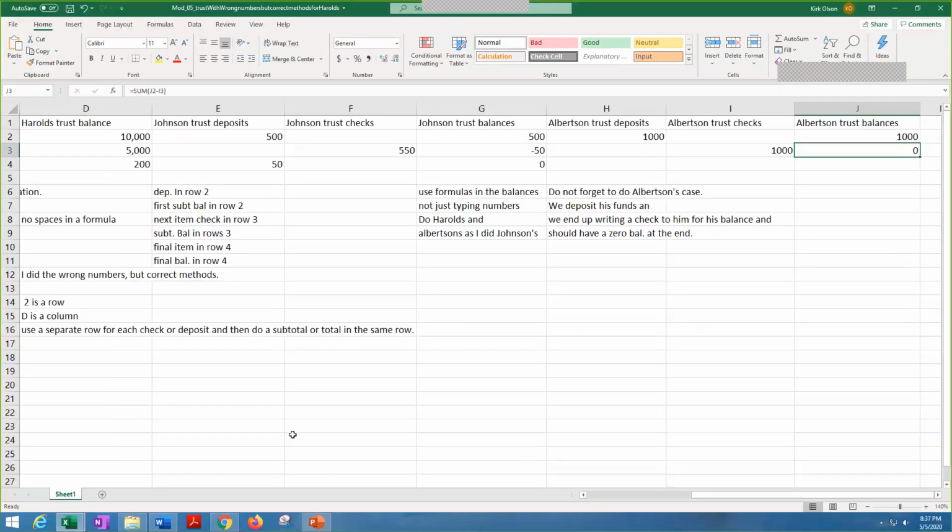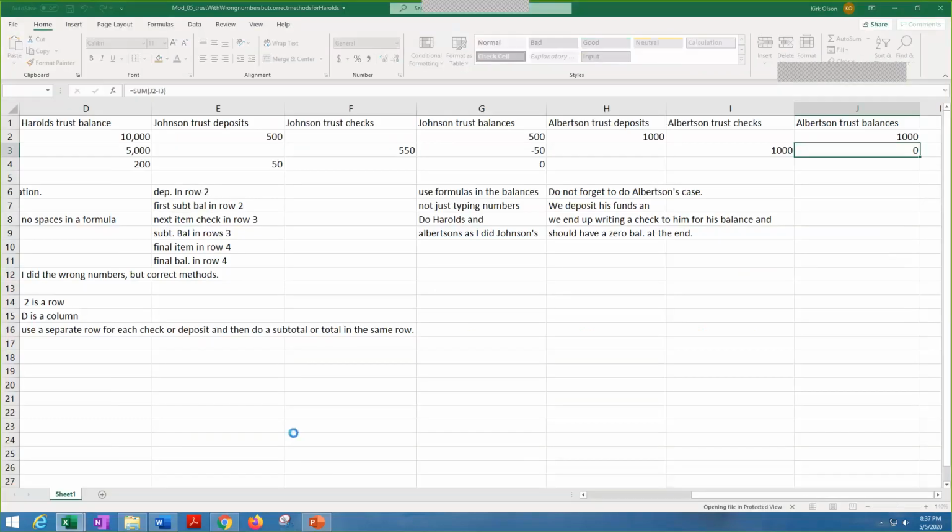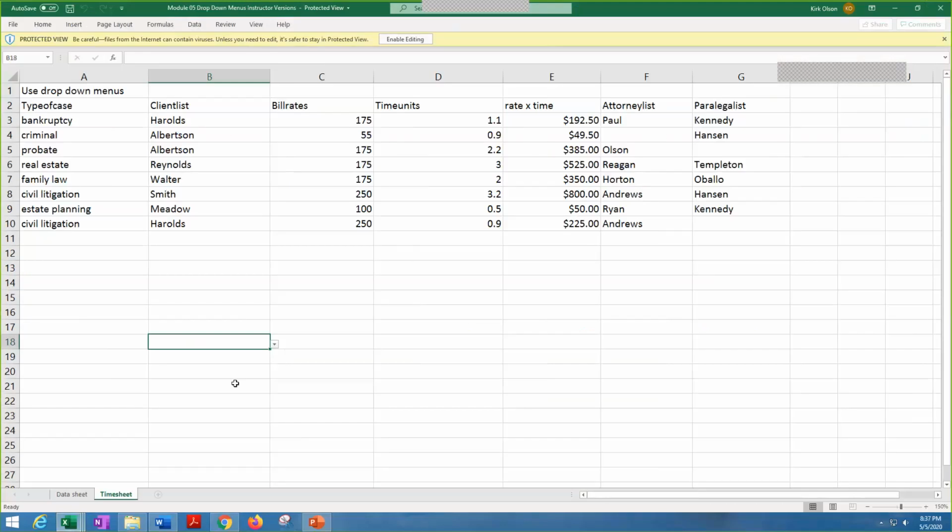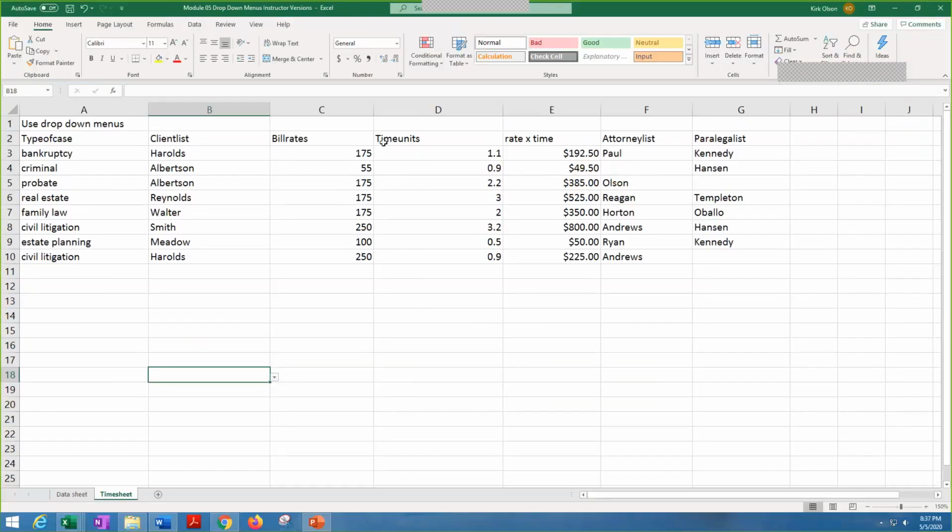And then I did drop-down menus back a while ago. And I want you to use the drop-down menus rather than retype. Okay? So if this bill rate is wrong, instead of retyping it, you would take a choice.